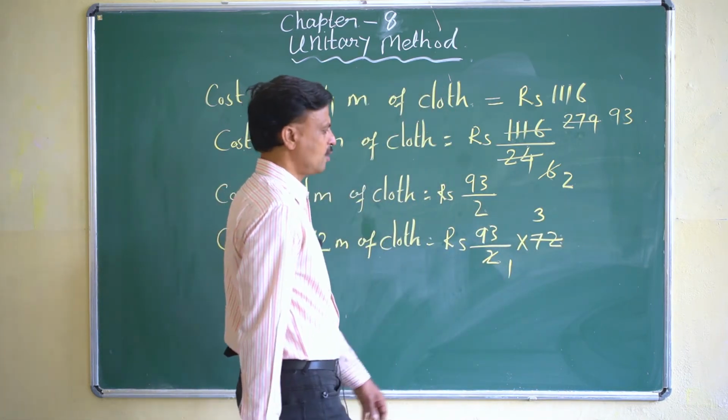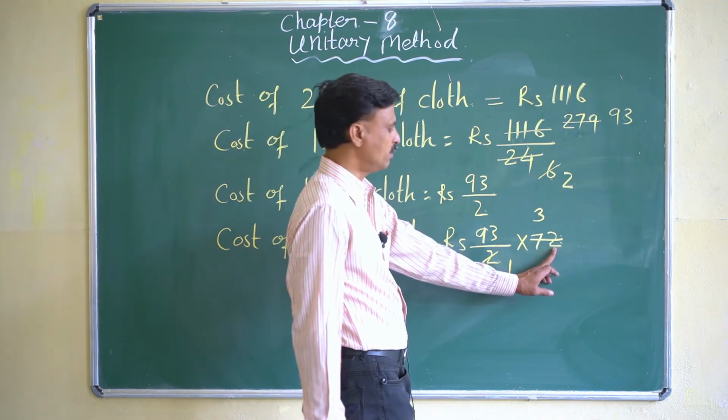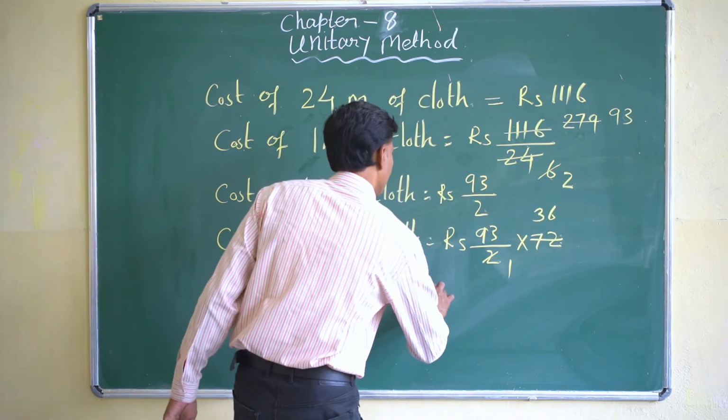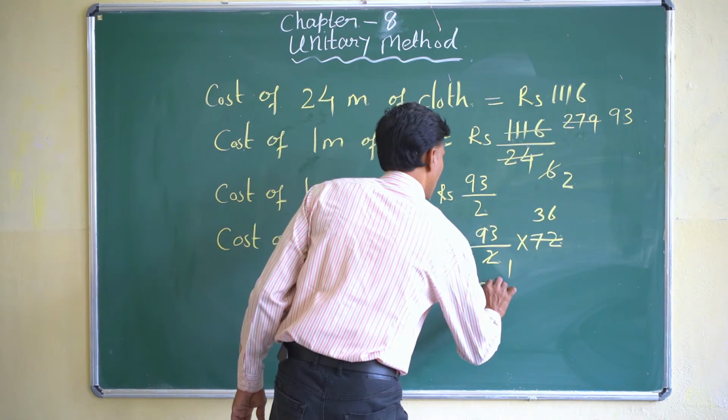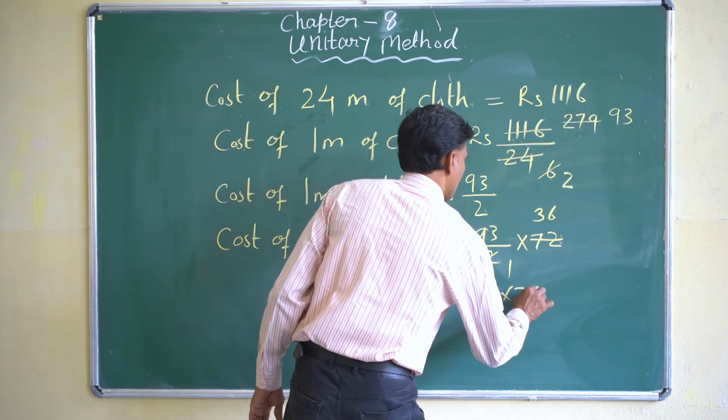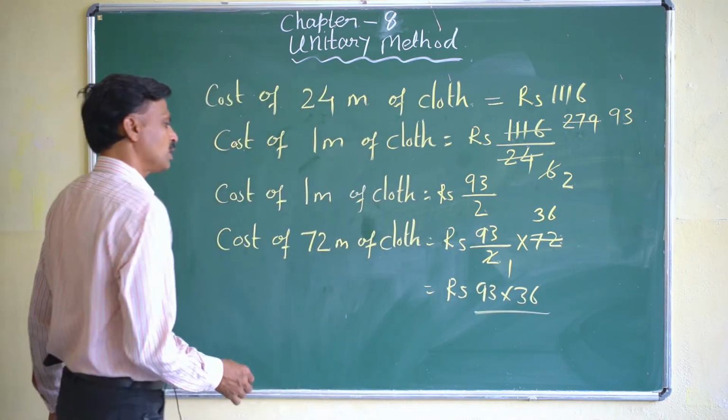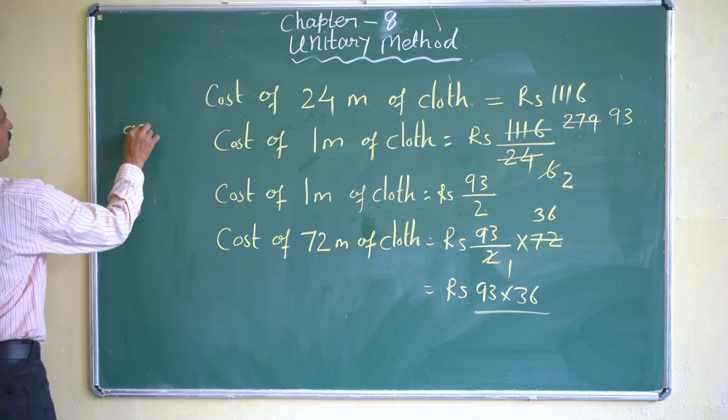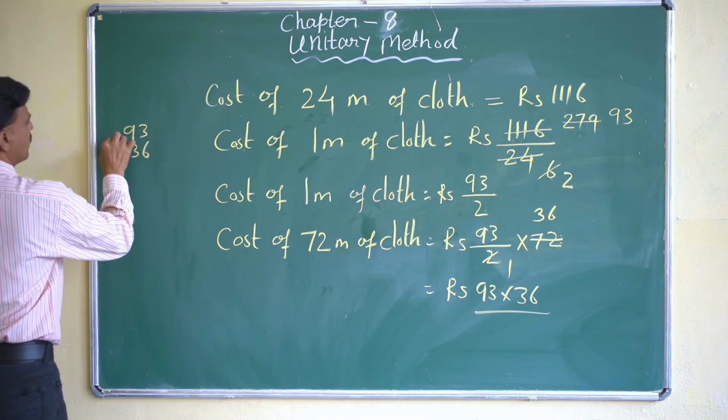2 3 is 6, 1 will be left, so it becomes 12, then 16. So what is coming? Rupees 93 into 36. We'll multiply. So multiply, what is coming? Let's see. 93 multiply 36.